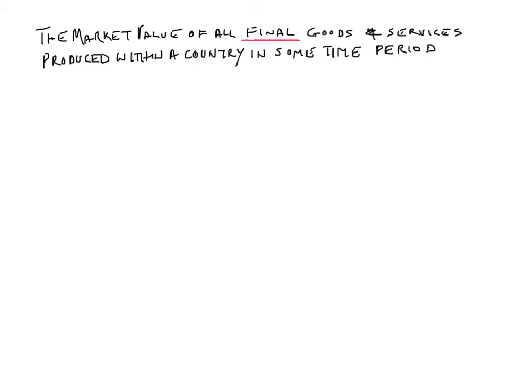So if Ford builds a bunch of new cars, we would calculate the number of cars times the price of them sold and the GDP, but we wouldn't count the tires or the engines that Ford buys that go into these. Otherwise, we would be counting things twice or three times. We'd have this double counting problem. So we don't want to include the intermediate goods, only the final goods that are being finished and sold.